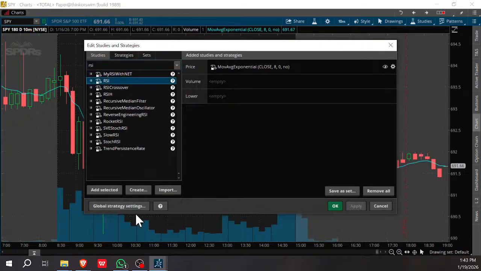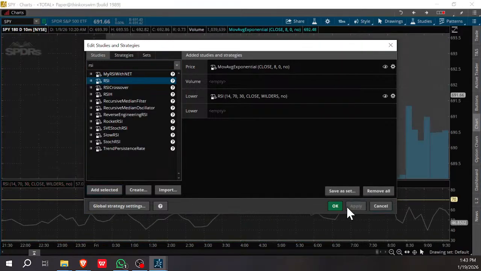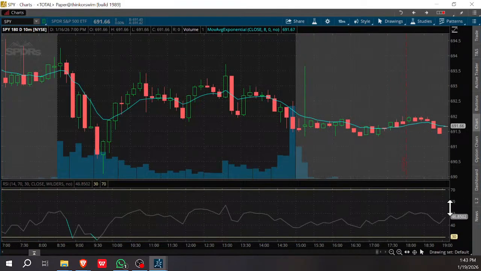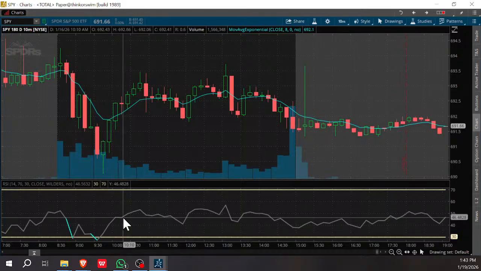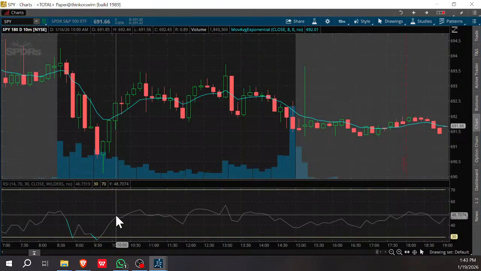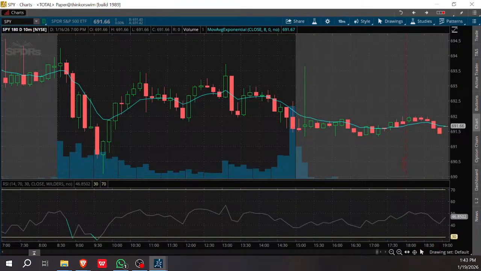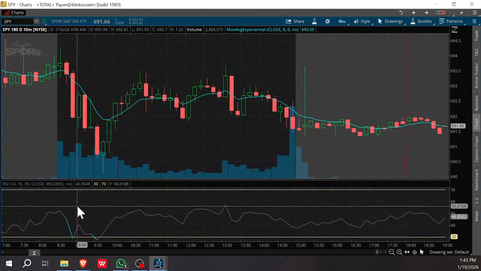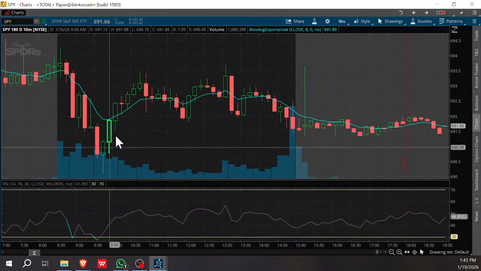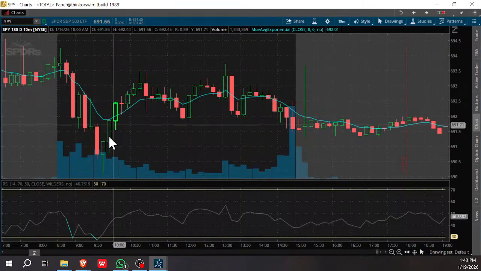So le picas RSI. And the RSI is going to help you to confirm, because yeah, it did. It did break past the MA. Estas meras.